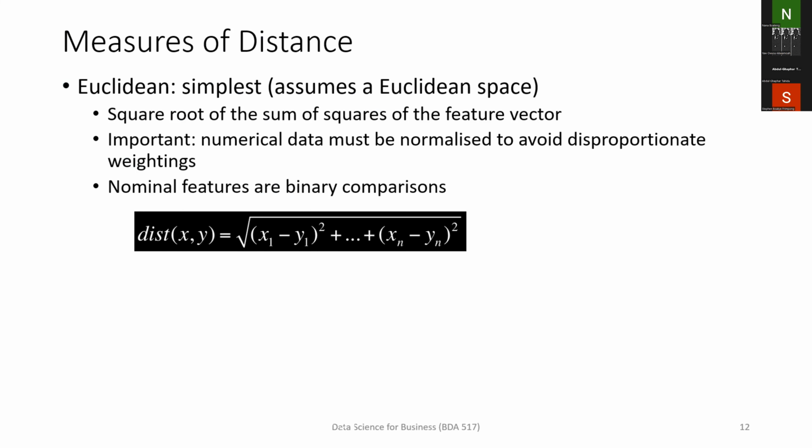If there is X3, Y3, you find the difference, and then you square it, up to Xn, Yn, up to whatever number. You find the difference, and then you square it. When you finish, add all of them up, find the square root, and it gives you the Euclidean distance.